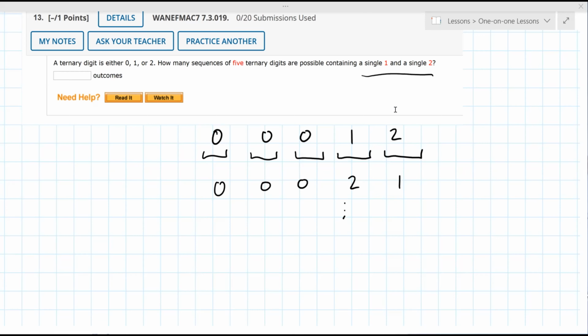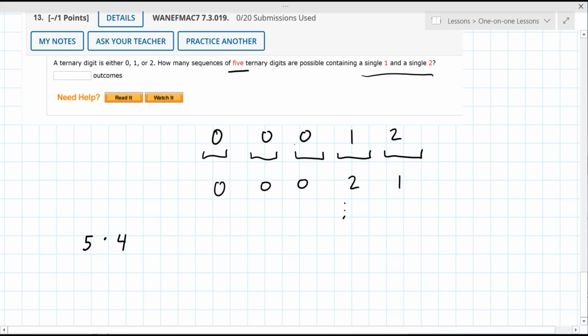So there's 5 positions, and the 0 can go in any of them. So there's 5 ways for that. And then out of the 4 that are remaining, after you pick one of these 5 positions, the 1 or the 2 can only go in 4 of the positions.